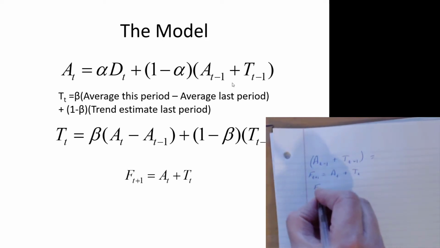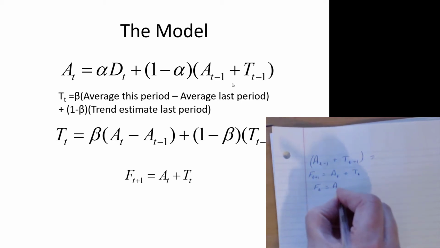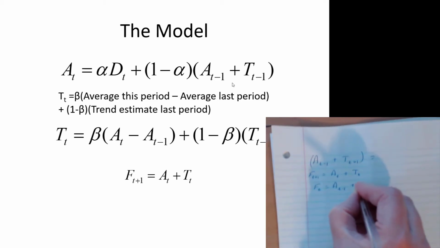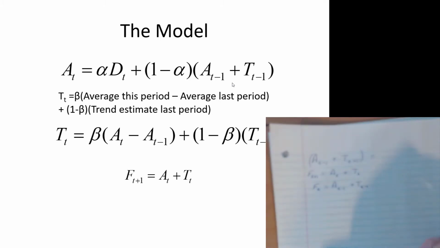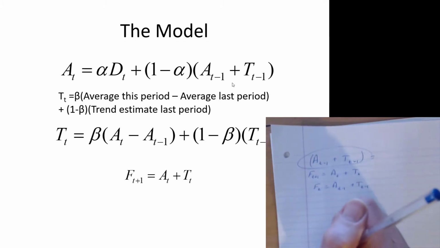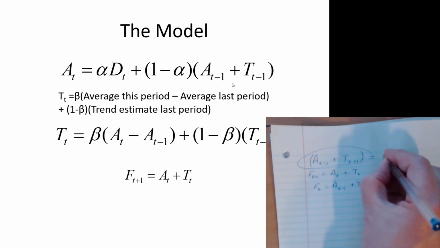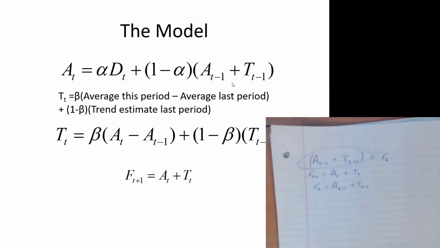I get F_t equals A_t-1 plus T_t-1. So that second value in the brackets there is nothing more or less than the forecast for the previous period, which is exactly what we did with the exponential smoothing model before. So that stays the same. No big change there. A couple of notational changes, but conceptually the same.